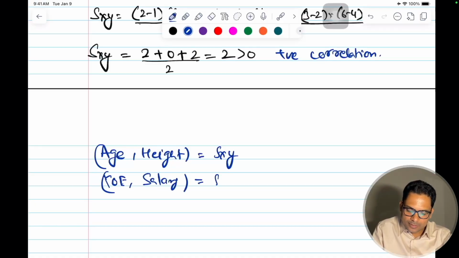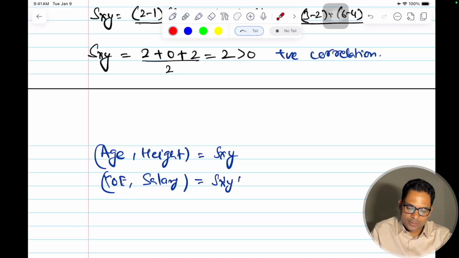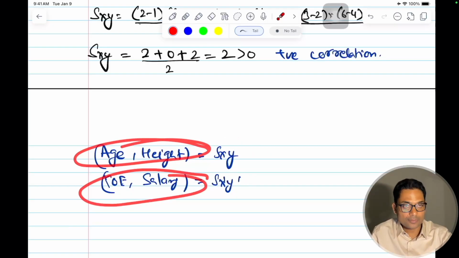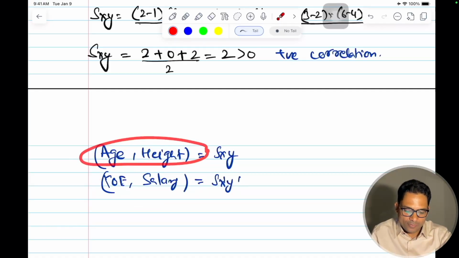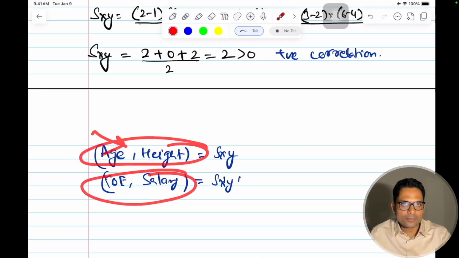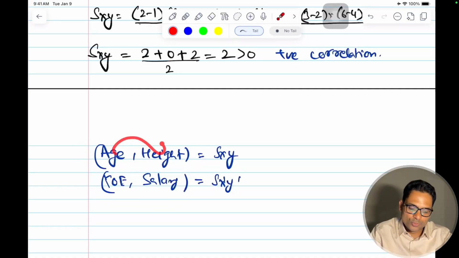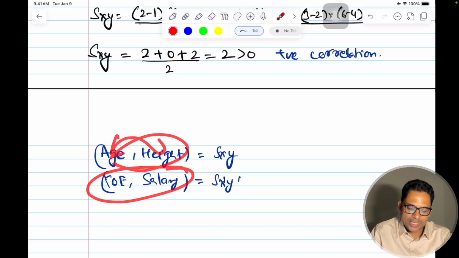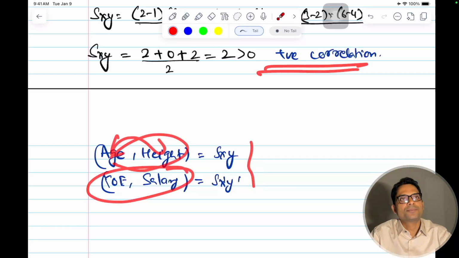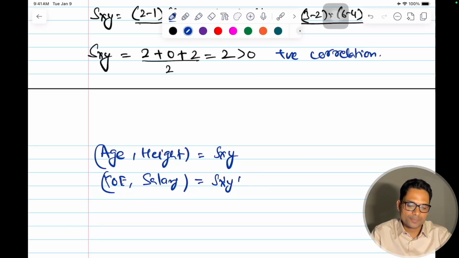This will be another covariance, x dash, y dash. So the units of these will be different. I cannot compare which covariance is higher, which one gives more information about the mutual change of these two variables. It just gives me the direction. That's the drawback of this.